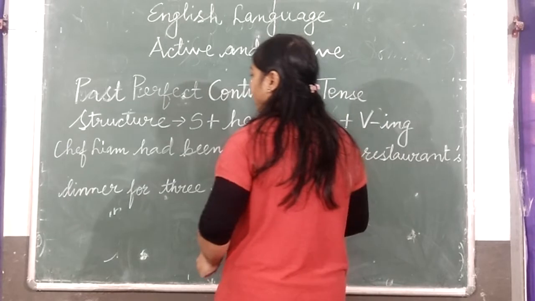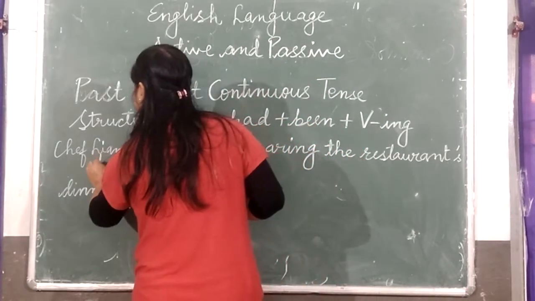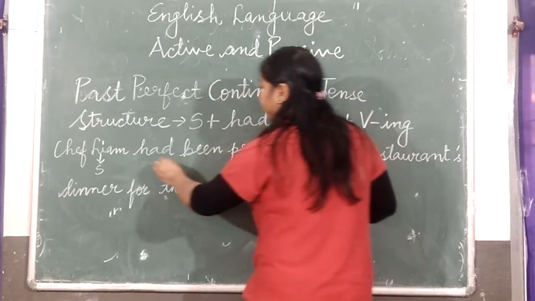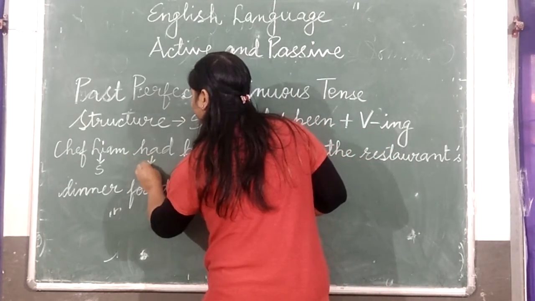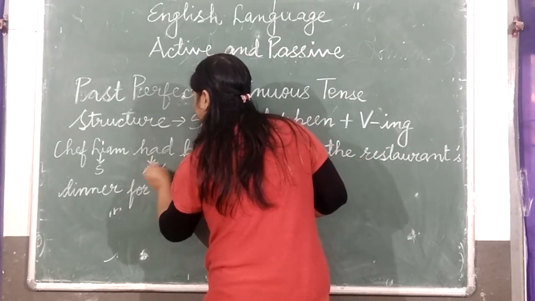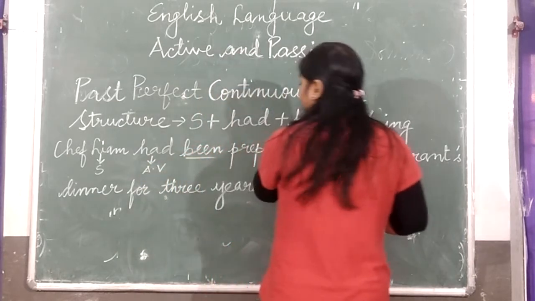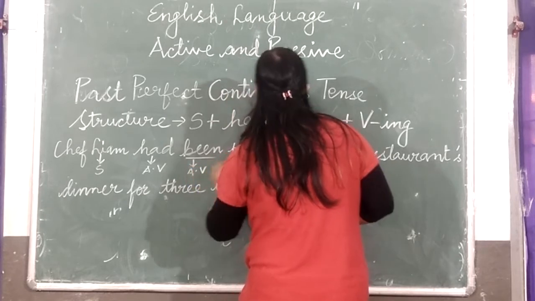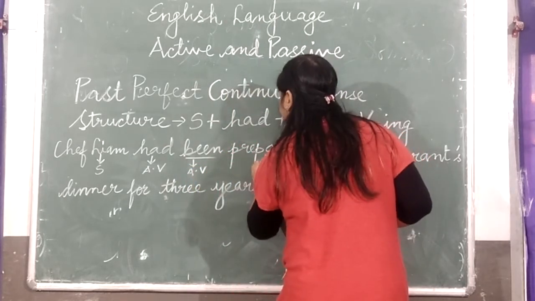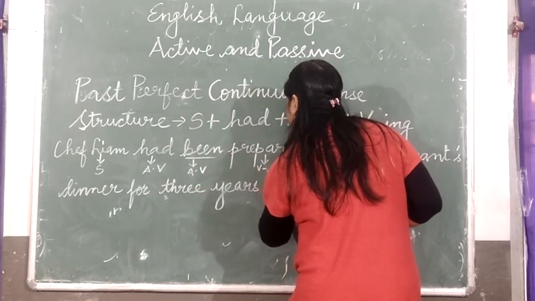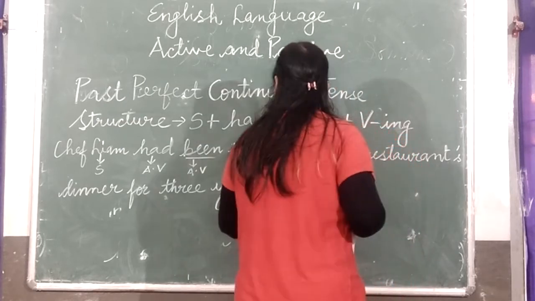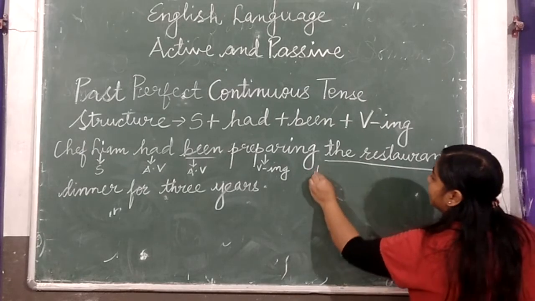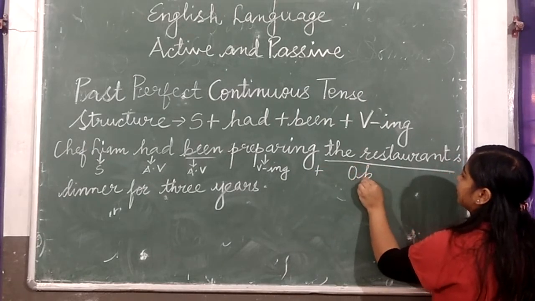Okay, now see children, the subject is here, isn't it? Had, no doubt, is there in the structure. Been also is there in the structure, auxiliary verb, helping verb, isn't it? Preparing, the ing form of the verb. The restaurant's dinner, this is the object.